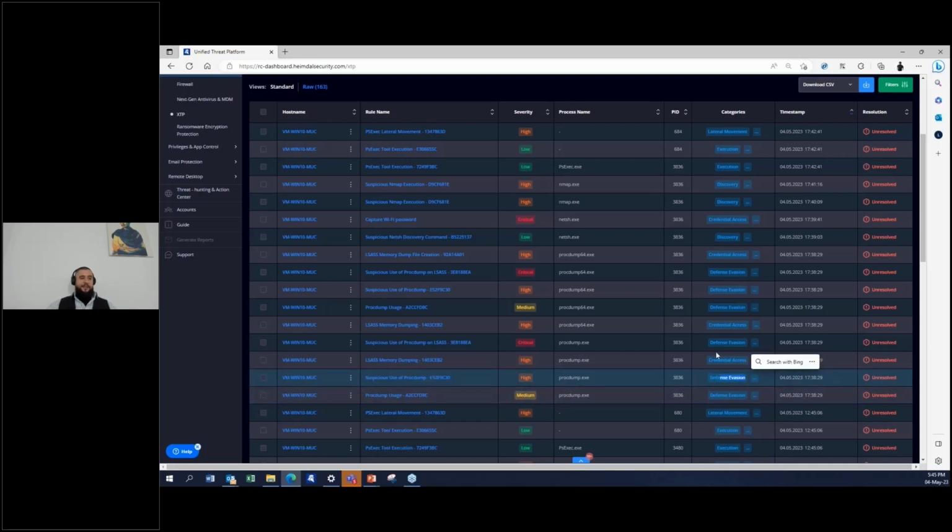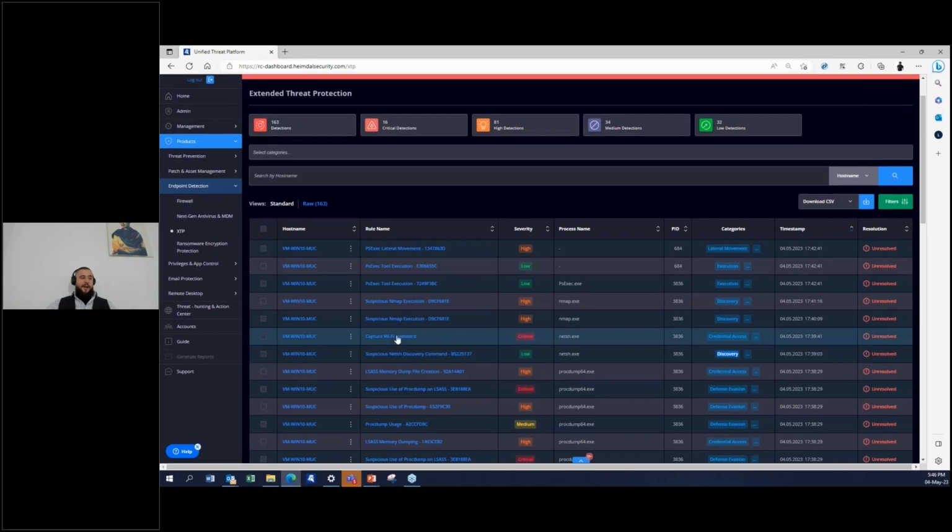Two tactics of defense evasion: credential access, which is a high alert, right? Defense evasion again, right? The critical alert, credential access, right? Then defense evasion, again, a few tactics, credential access, discovery. Right now, it started to discover across the internet, Wi-Fi password attempt of capture, then discovery again, and lateral movement.